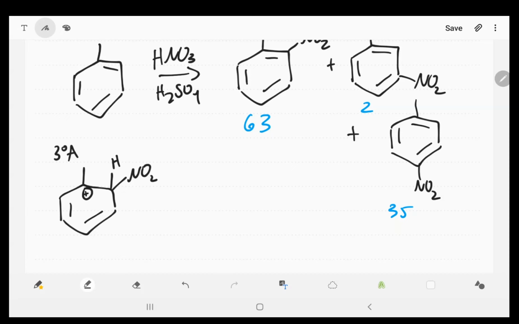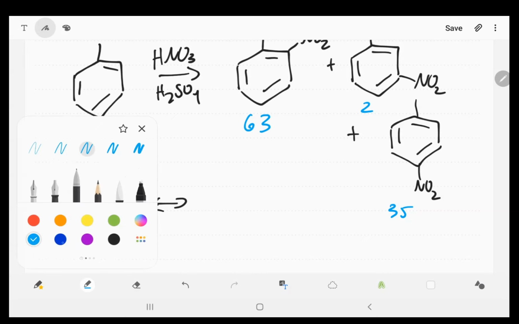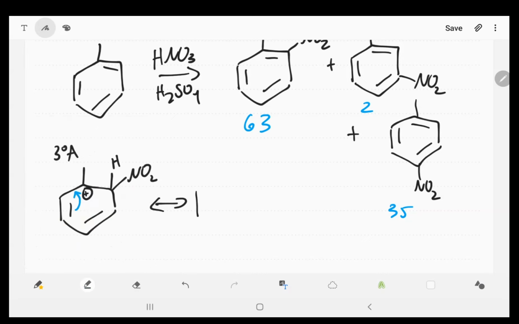It's very stable. If we resonate this thing around, we'll see that, yes, we can make other positions have it, but that tertiary allylic is the best. We can put it here if we want to.